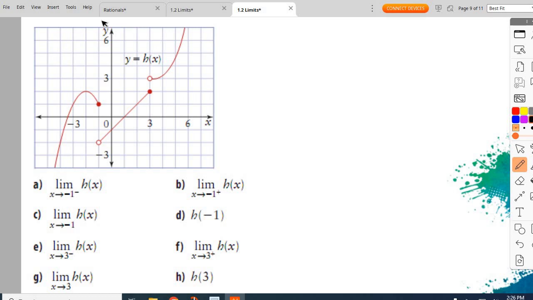So here, I want to look at my graph again, so we can find limits from graphs. We're looking at -1, so we're getting closer and closer to the x value -1, but I want to look at what's happening to the left. So if I follow the graph that is to the left, what y value are we getting closer and closer to here? 1.